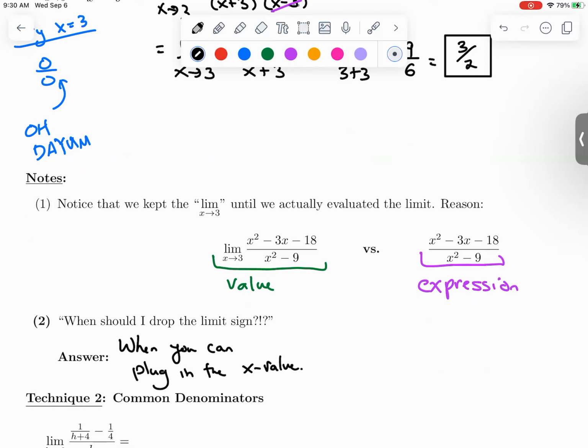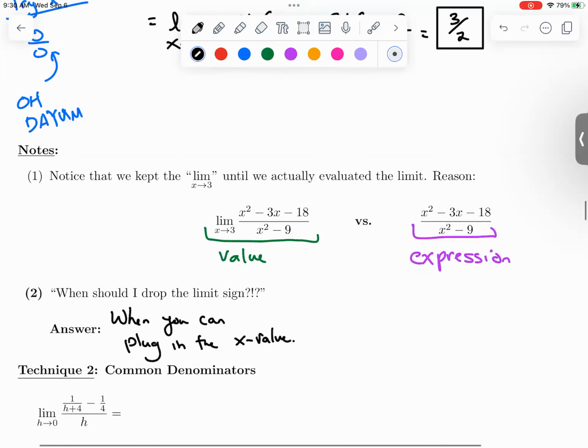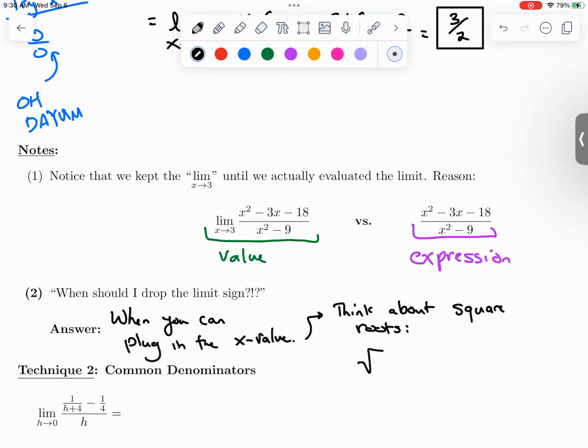So the way I like to think about it, if you're ever confused, is think about square roots, right? If we have the square root of 4, actually, let's make this a little bit more important. So we have the square root of 3 plus 1. We don't drop the square root sign right now, right? We simplify the inside.